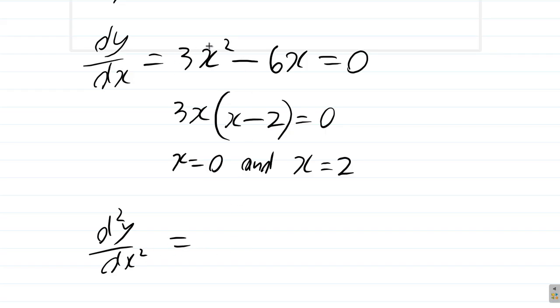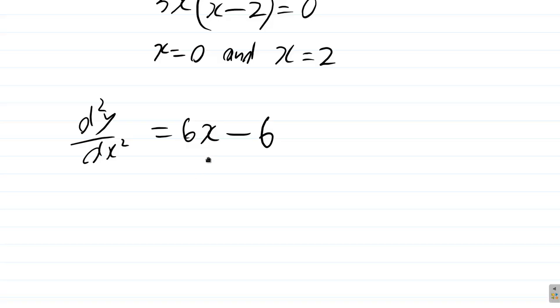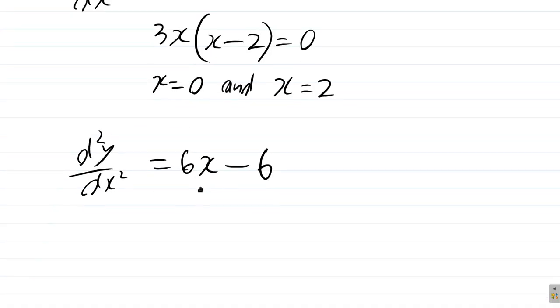It would be 6x minus 6. Now remember, we'll talk about that at the end. We're going to talk about how you determine whether a point is minimum or maximum.